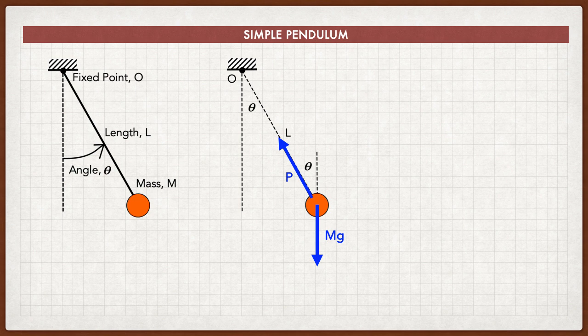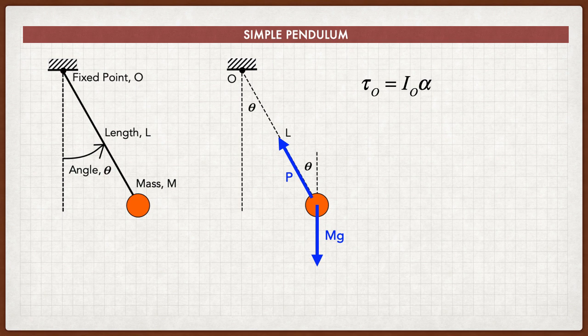Let's apply the rotational version of Newton's second law about point O. The net torque about O equals the inertia of the body about O times the angular acceleration. The tension force P passes through point O. What torque does it make?